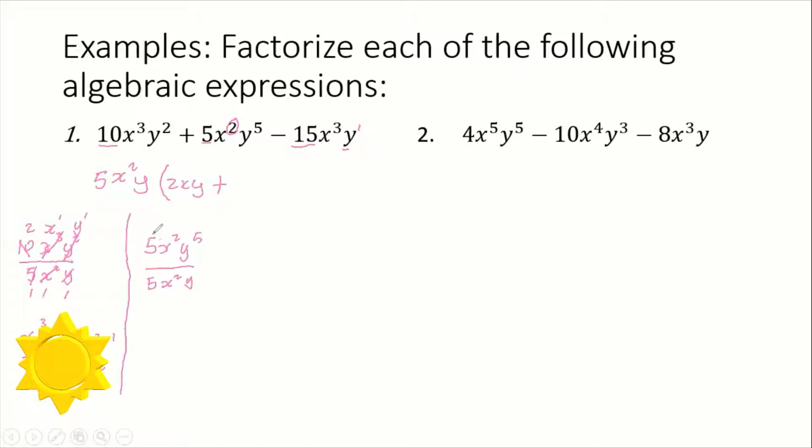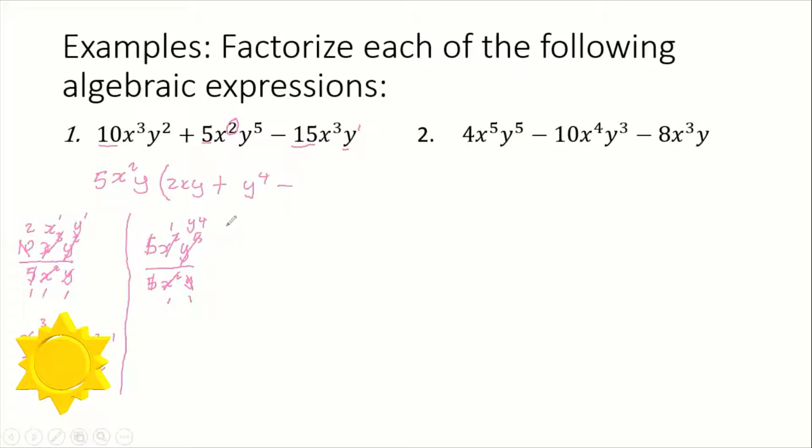So note that 5 into 5 will give us 1. X squared into x squared will give us 1. And y into y, that's 1. And y into y to the fifth will give us y to the fourth. So the quotient of this would be y raised to the fourth power. Then we're going to put back our subtraction sign.